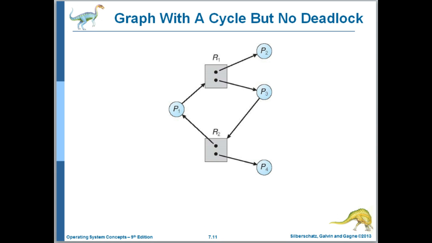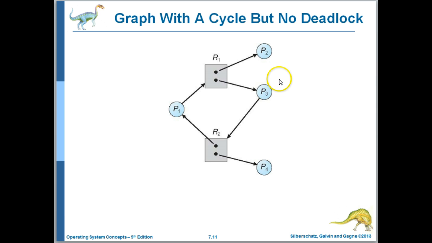So here's an example of a resource allocation graph with a cycle. There's the cycle, but no deadlock at the moment. If P2 releases this resource, then this request can be satisfied, and that breaks the cycle. Or if P4 releases this resource, then P3 can take it, which will break the cycle.